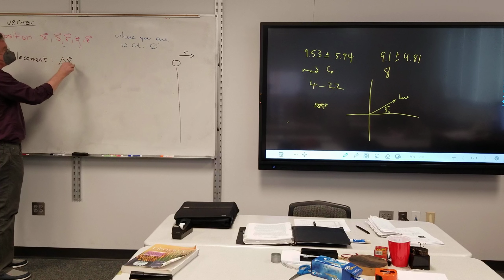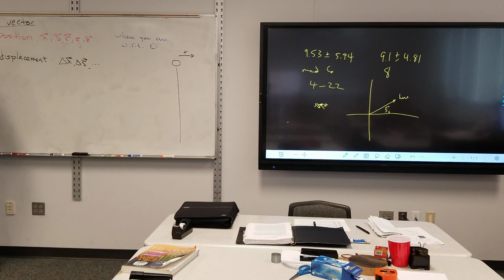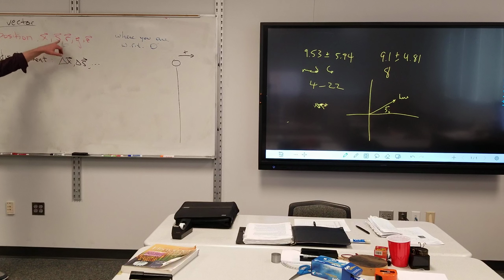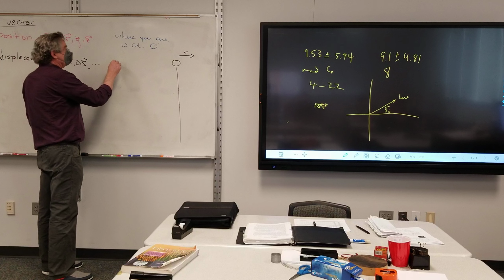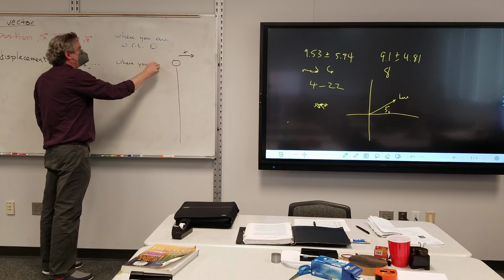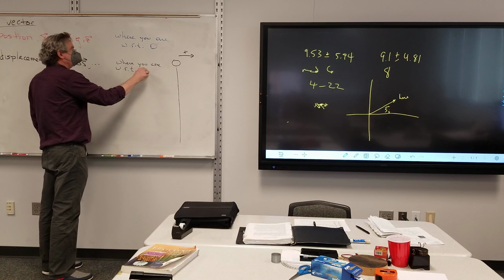So it's change in x or change in s, or delta in front of whatever letter you're using for position. It can be treated mathematically as the change in position, or where you are with respect to the starting point.